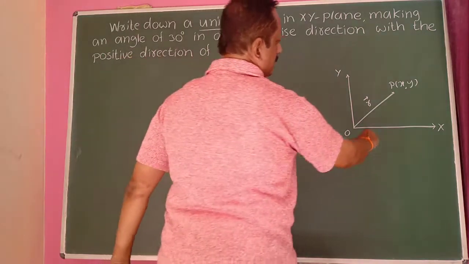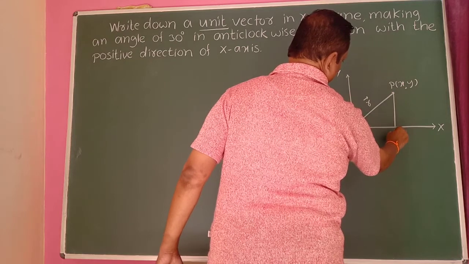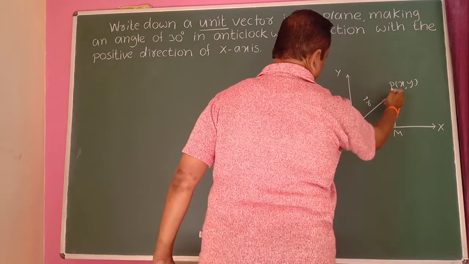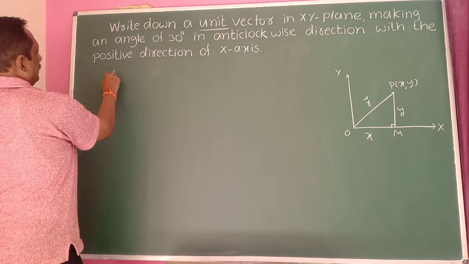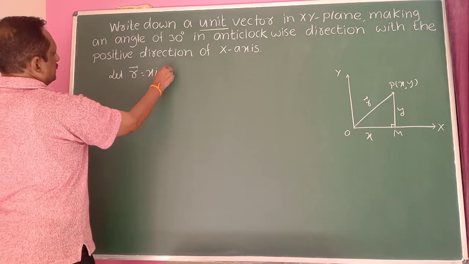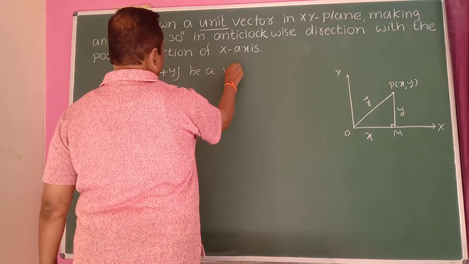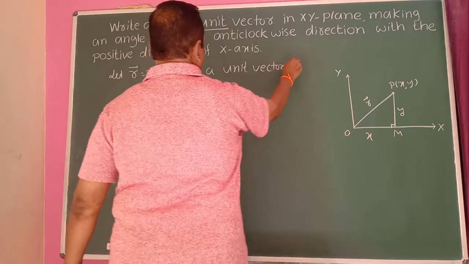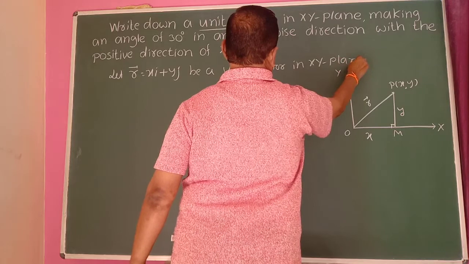Therefore, the modulus of the vector is 1 unit here. Draw PM perpendicular to the x axis. Then obviously OM is x units and PM is y units. Therefore, let r bar is equal to x i plus y j be a unit vector in the xy plane.